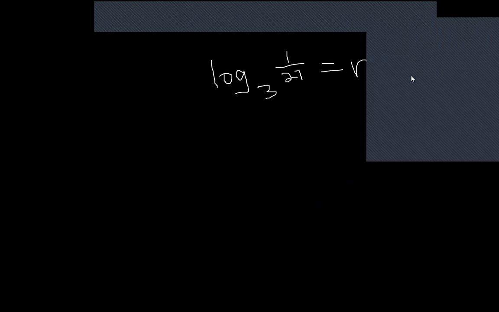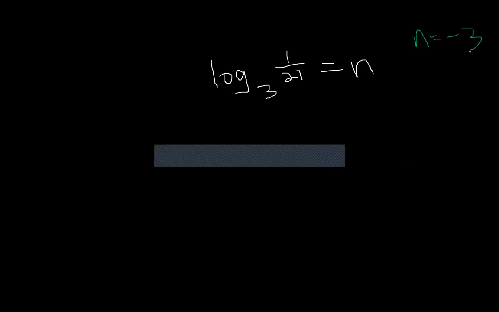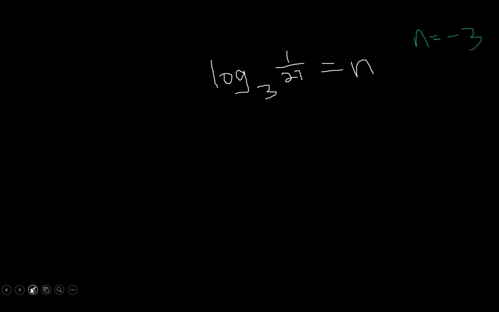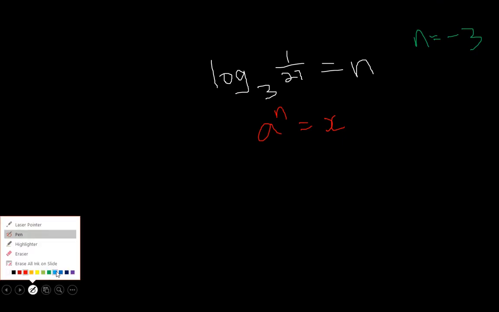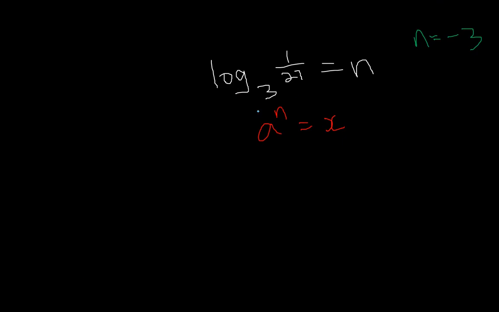Hold on now. So let's see if you're correct. Log form. To write this in exponential form, it would look like this, right? A would be 3. If anybody doesn't understand how I got A to be 3, please let me know.